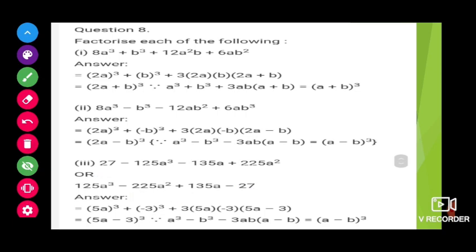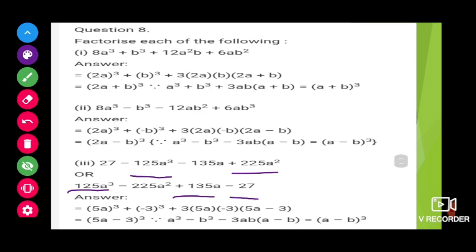So if I take minus out, all minus will become plus, plus will become minus. So minus 125a cube will become plus 125a cube. Next minus 225a square and plus 135a minus 27.